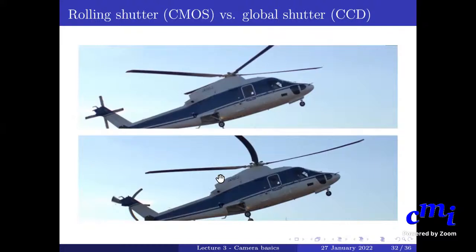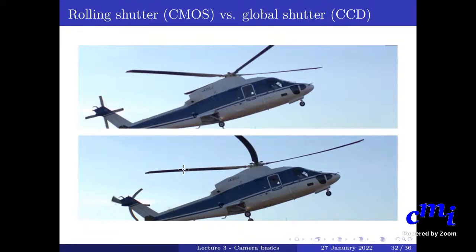On the bottom, it's a rolling shutter effect, which means the cells were exposed to light at different instances of time, and in between those instances, the blades have moved. So if the speed of the object whose image you're taking is more than the speed of the shutter, then you will observe this kind of curve, this kind of artifact appearing in the image.